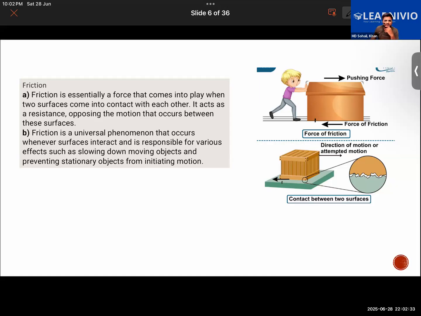Getting it now? So friction is not limited only to Earth. It exists wherever objects interact with each other.